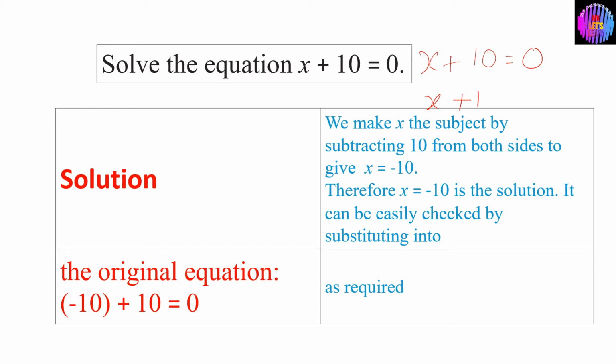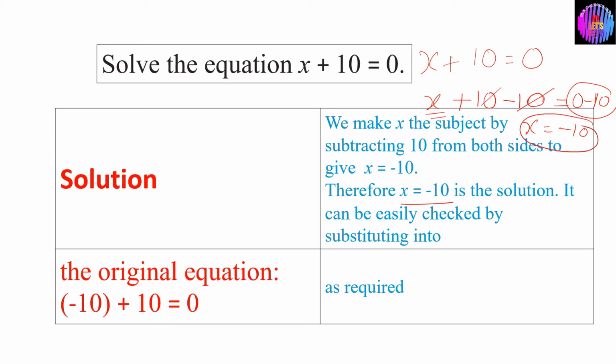Look at this equation, x plus 10, and subtracting 10 from both sides, 0 minus 10. We get x is equal to... plus 10 minus 10 will be cancelled, only x will be there on the left hand side. Here 0 minus 10 is equal to minus 10. So we will get x is equal to minus 10.